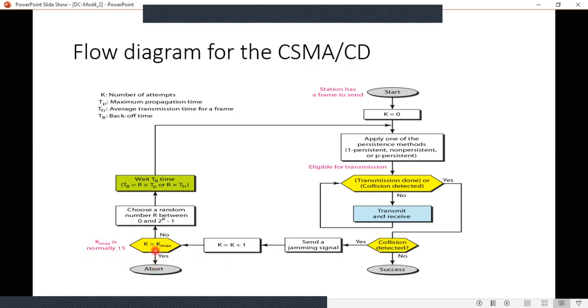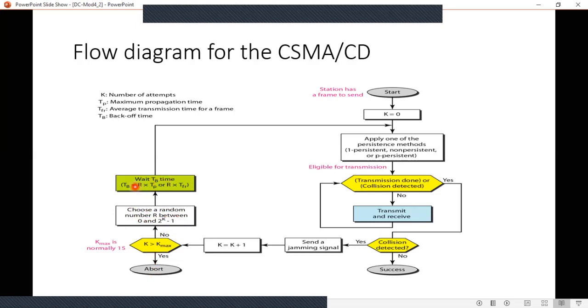Next, what happens if it is more than the maximum number of attempts? Then this packet or frame needs to be aborted. Stop. Else choose a random number r between 0 and 2 raised to K minus 1, and then wait for a back-off time TB.